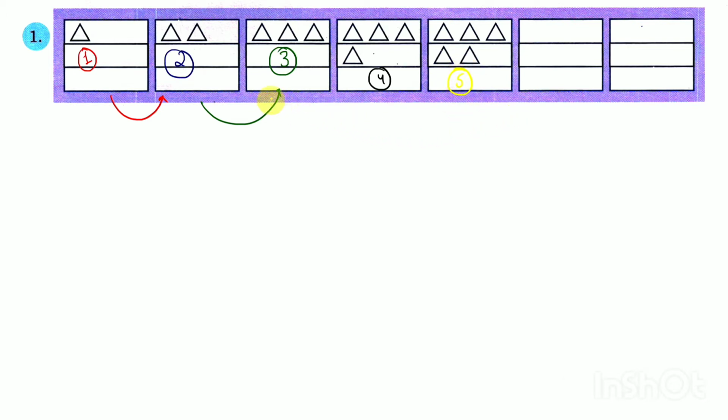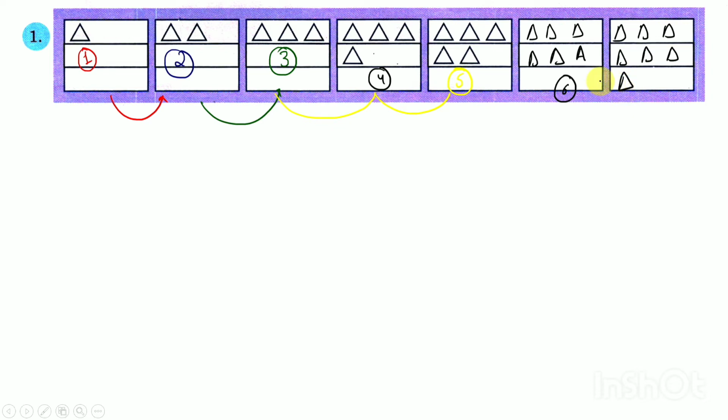So there is an increase in triangles by 1 unit in each succeeding figure. So in the next figure, I hope you know the answer, there will be 6 triangles, and in the next there will be 7 triangles. This example is quite easy.